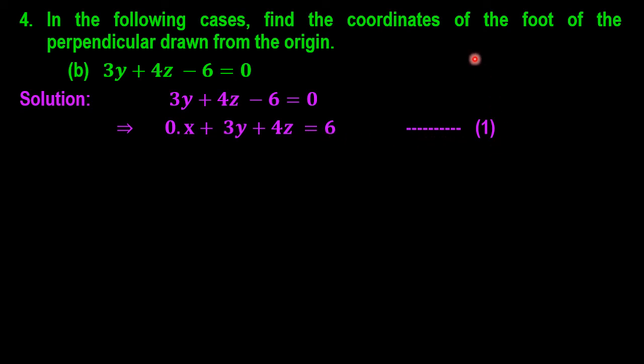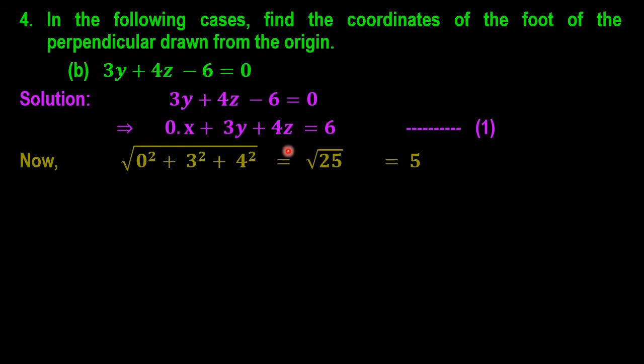So in order to find the coordinates of the foot of the perpendicular drawn from the origin, we require the direction cosines. But here 0, 3 and 4 are the direction ratios. So we need to convert the direction ratios to direction cosines. Now we find the square root of a square plus b square plus c square. A is 0, b is 3 and c is 4.